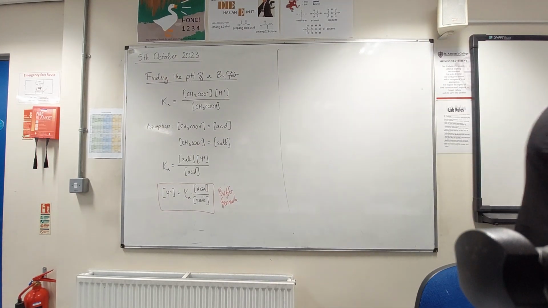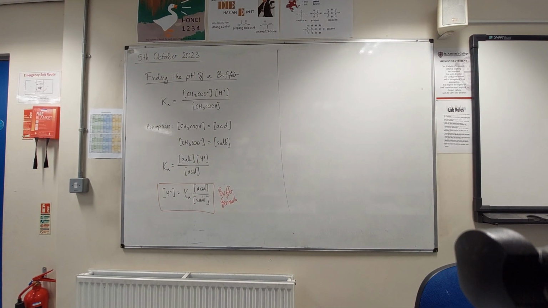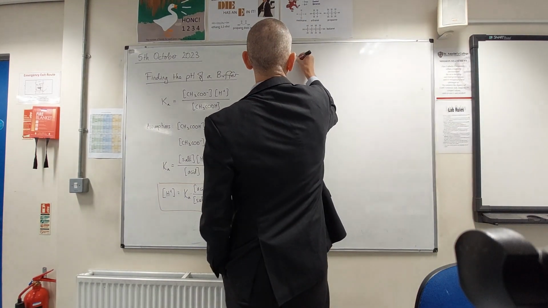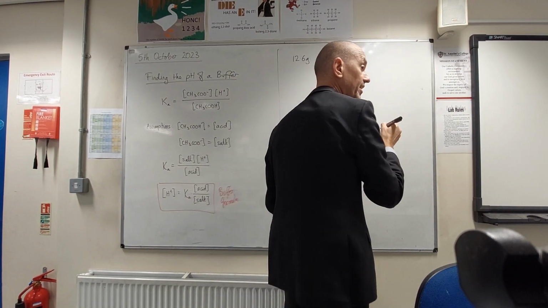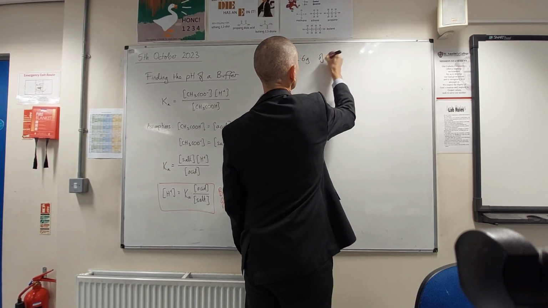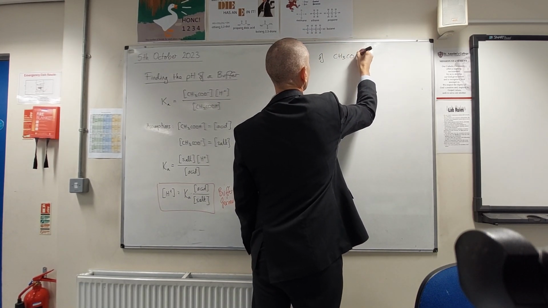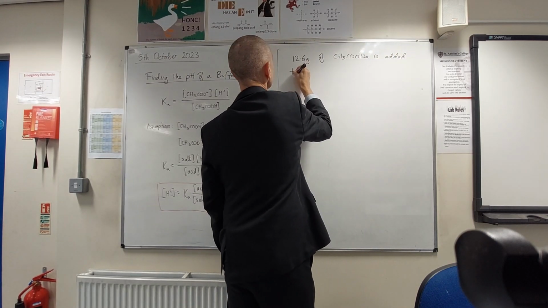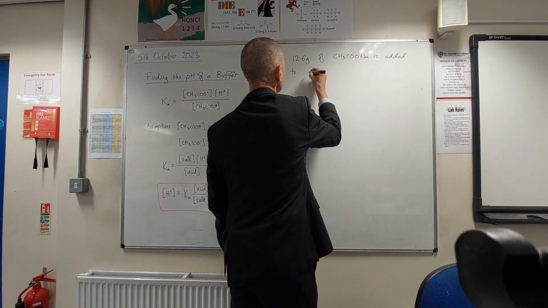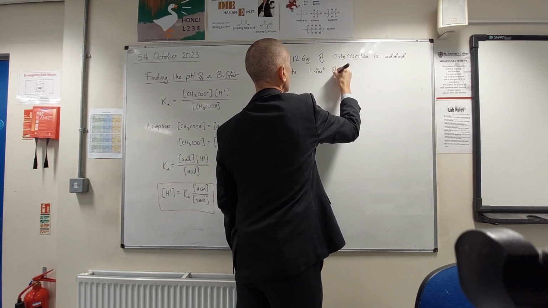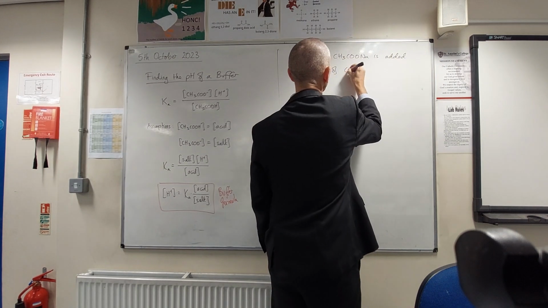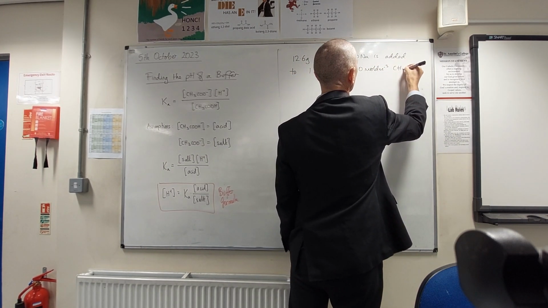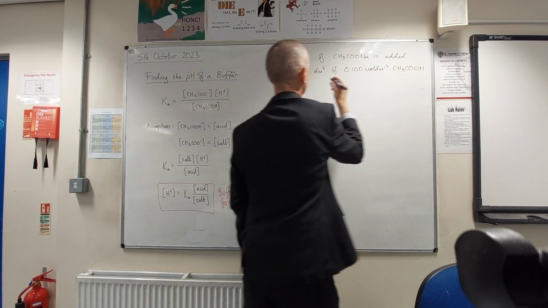Okay, let's do an example. We're going to add 12.6 grams of sodium ethanoate to 1 decimeter cubed of a 0.1 mole per dm cubed ethanoic acid solution.